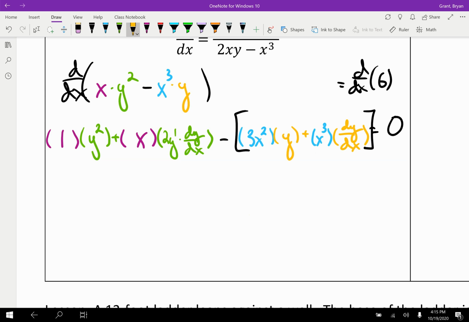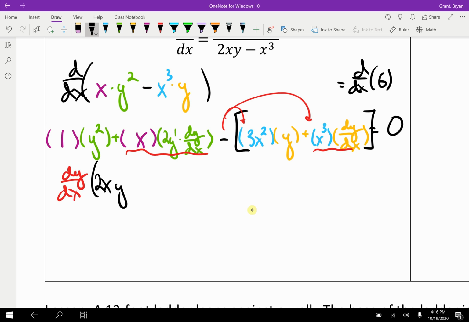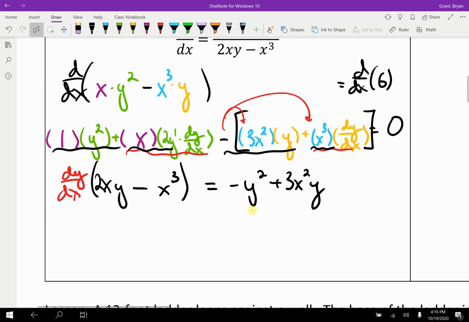Trying to clean this up a bit, I'm going to keep my 2 terms that have dy dx on this side, and I'm also going to factor out dy dx. Don't forget that when we distribute the negative, both of these last 2 terms are negative. So we're going to have dy dx factored out of 2xy, that came from up here, minus x cubed, equals, and then on the other side we need to subtract everything else off that didn't have that, so there's going to be a negative y squared, and we're going to have to add this one over, so plus 3x squared y.